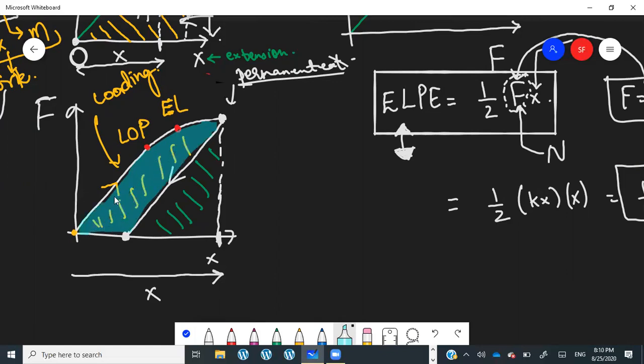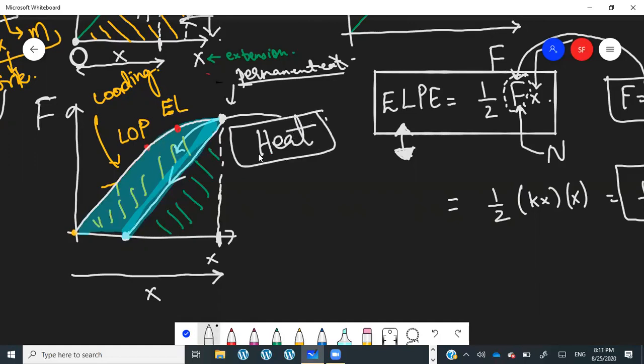This is the thermal energy or the heat energy that has been lost. The area between the loading graph and the unloading graph represents the heat generated, or the energy which is lost.